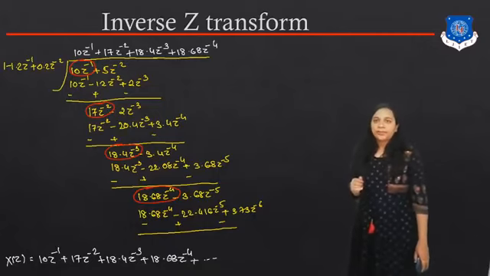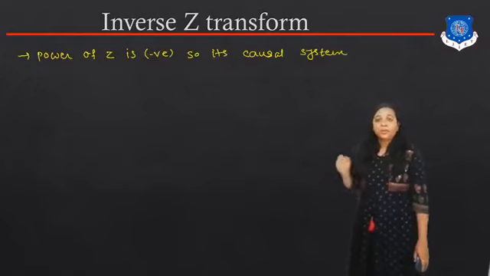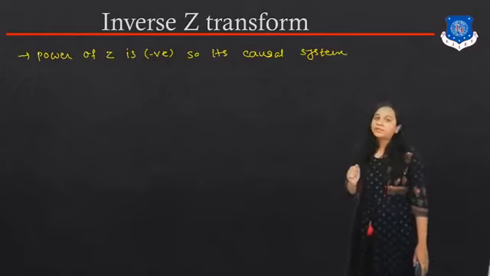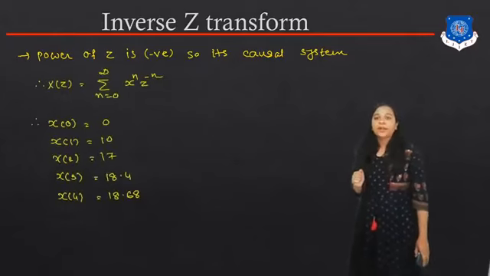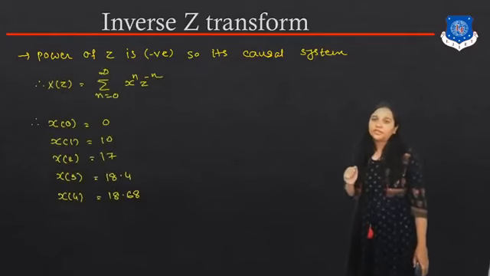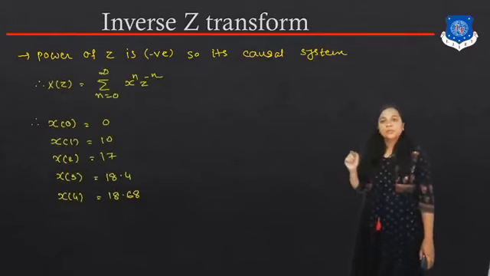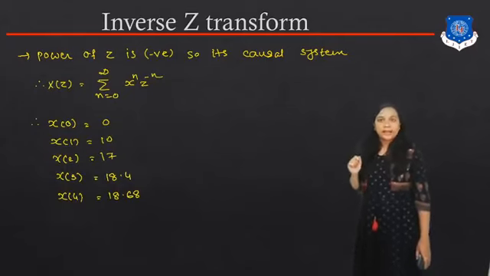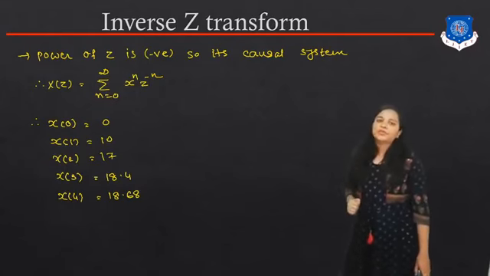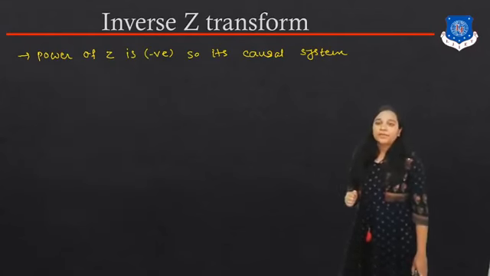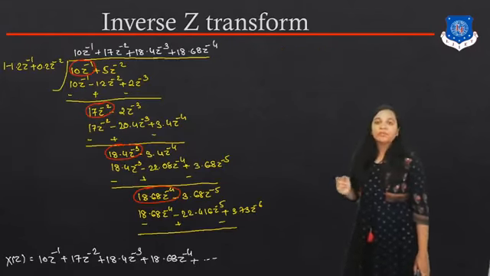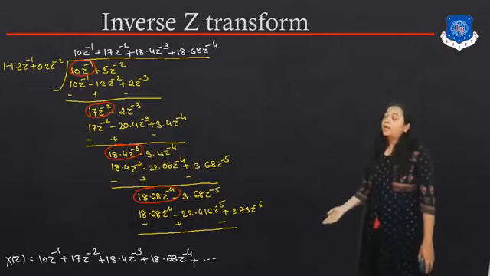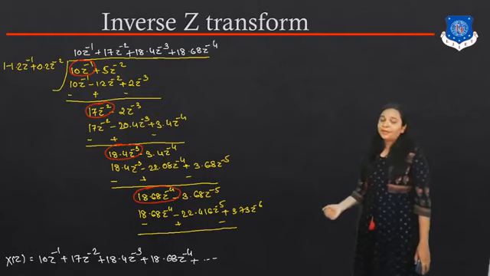The powers of z are negative, so it is a causal system, and X of z equals the summation from n equal to 0 to infinity of x of n z to the minus n. Using this equation, we have to find the values of x of 0, x of 1, x of 2, x of 3.